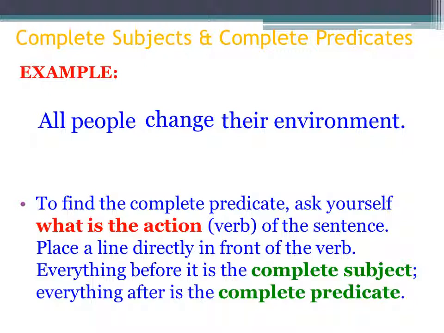The action is going to be a verb, but if you're not 100% sure on what a verb is, it's the action that is happening in the sentence. What you're going to do to find the complete subject is you're going to place a line directly in front of that verb. Everything that comes before the line is the complete subject. Everything that comes after, including the verb, is the complete predicate. So let's take a look at some examples.